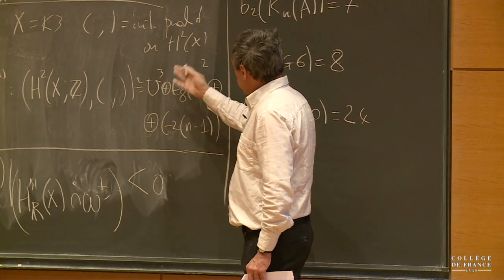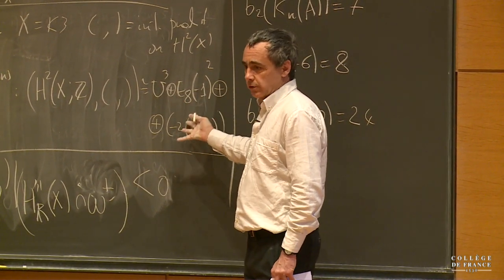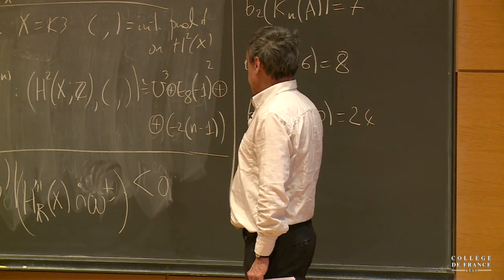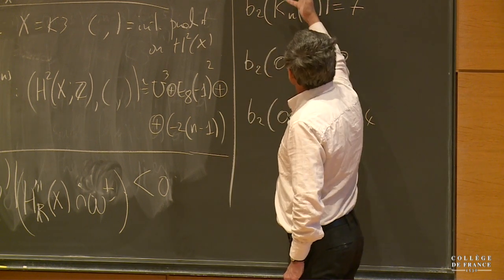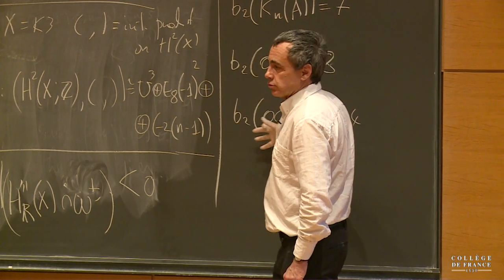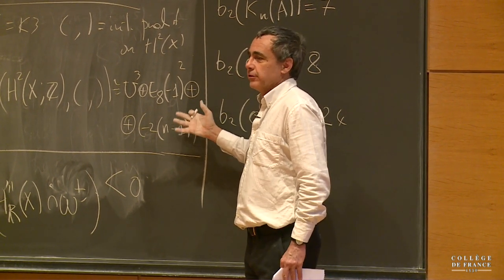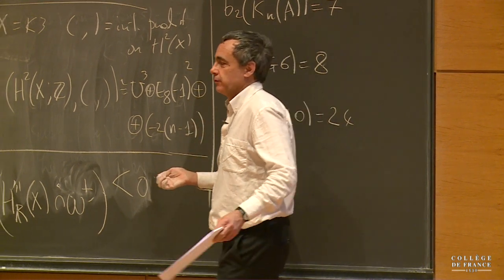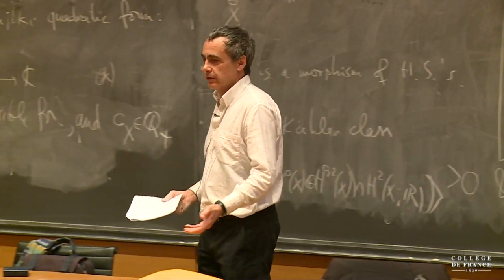So that means in general it's not unimodular. It's non-degenerate, but in general not unimodular. And for some reason, in all of the known examples, this quadratic form is even. Maybe there's some elementary reason why it has to be even, but I've never seen any.